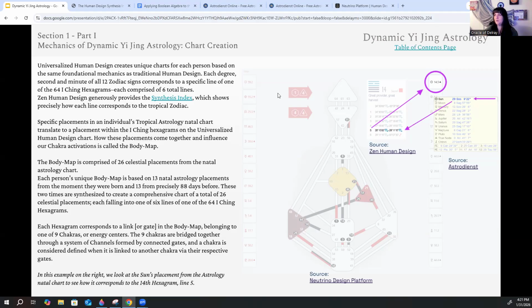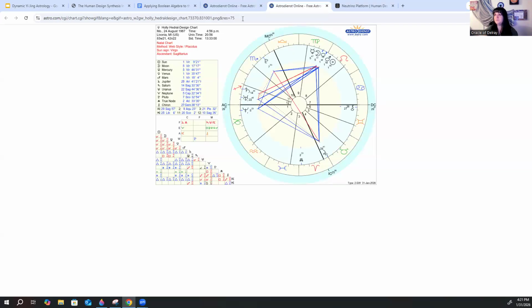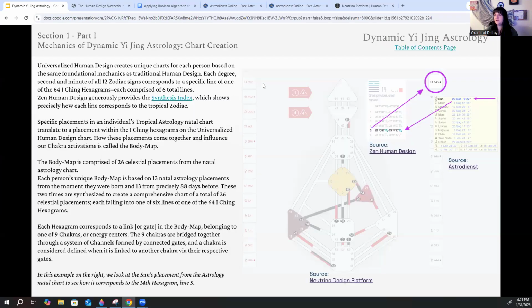I have a lot of planets in 1 degree Virgo that show up here at 59.2 and 59.6. So it takes 13 placements from your natal chart as well as the chart from 88 days before you were born, and each planet activates a gate within the body graph.